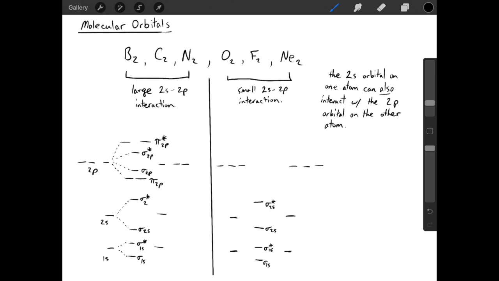The difference is going to show up in the energy ordering of the 2p molecular orbitals. With a small interaction, now the sigma 2p orbital is lower in energy than the pi 2p, and the sigma star 2p is higher in energy than the pi star 2p.